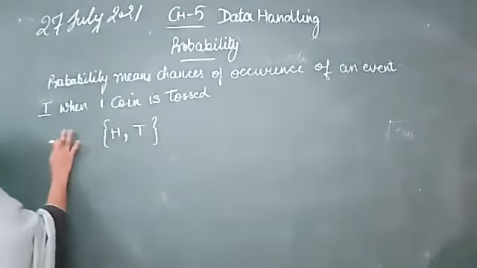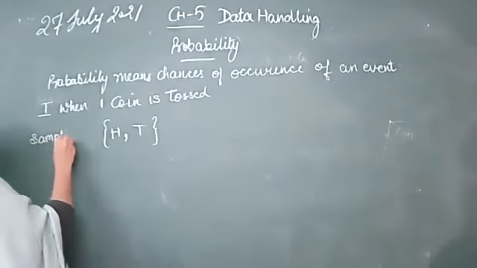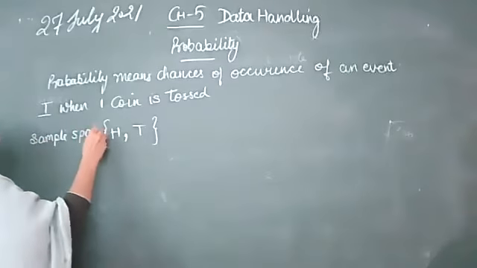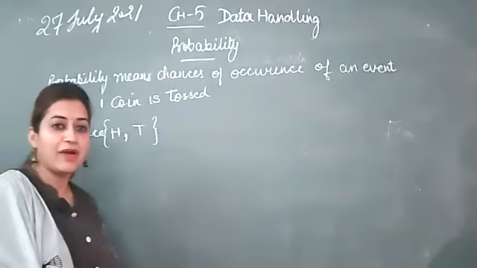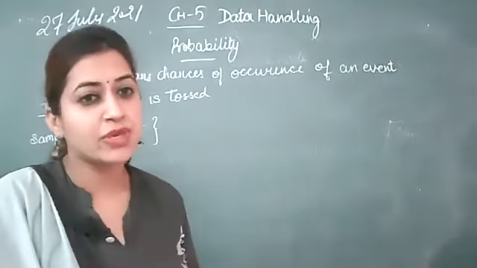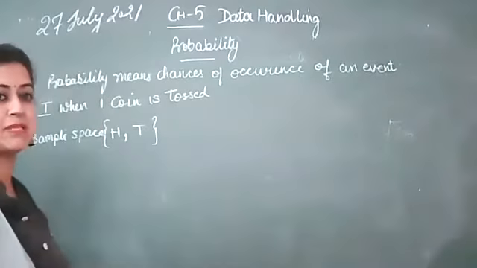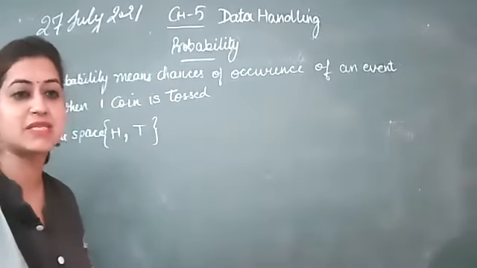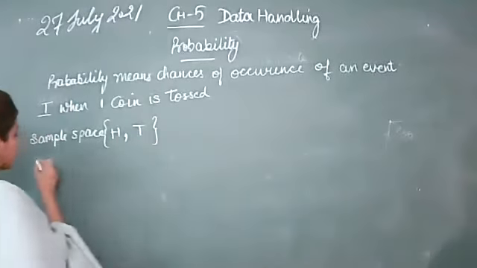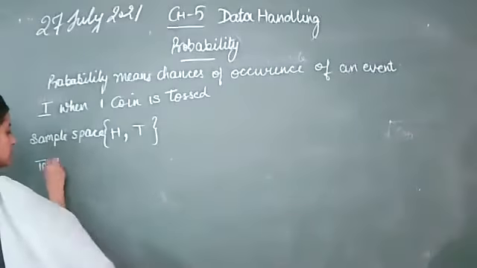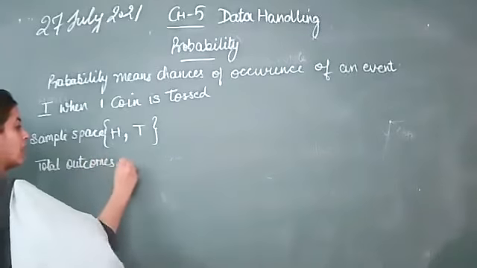So these are known as sample space. When you have tossed one coin, it will give you either head or tail. These two things will show your sample space. What are the samples that you are getting for this? Now, there are two outcomes. So that means total outcomes are two.